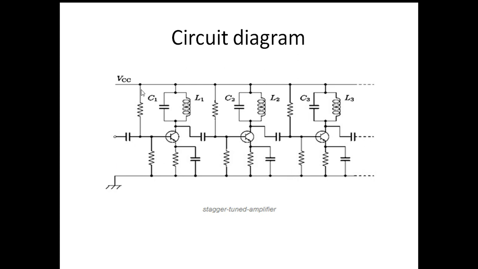This is VCC. VCC with R1 and R2 provides the required biasing to operate the transistor in the active region. This resistor is RE, the emitter resistor, which provides stabilization to the output. This is CE, the emitter bypass capacitor. It provides a low reactance path to RE if the output is high. And L1C1 forms a tuned network or tank circuit.